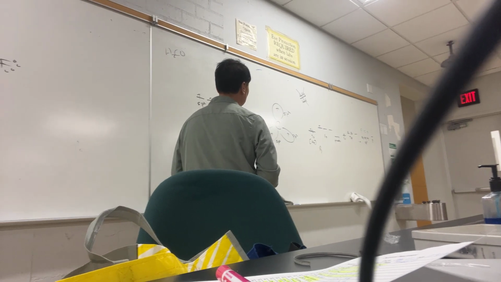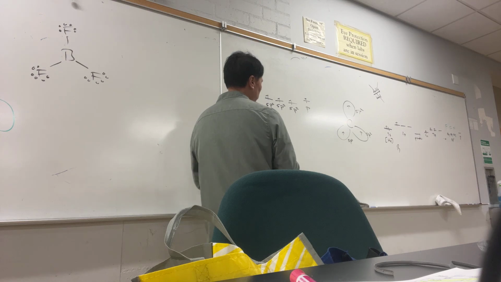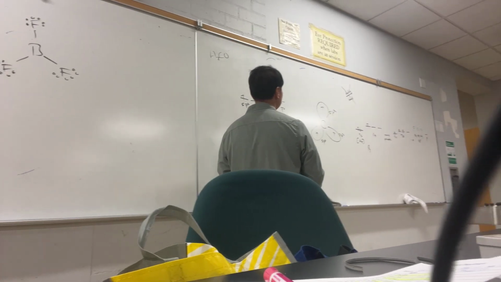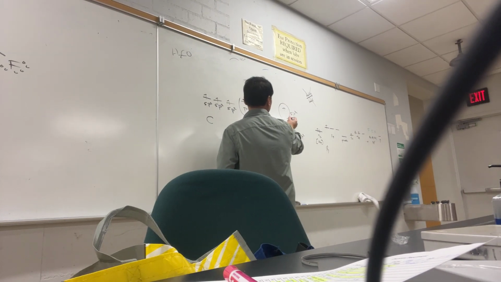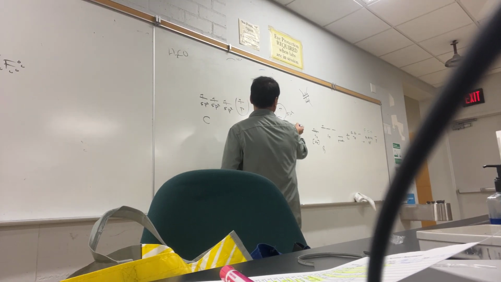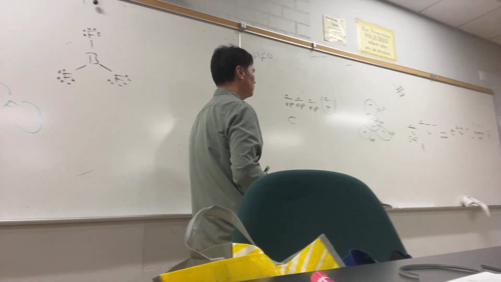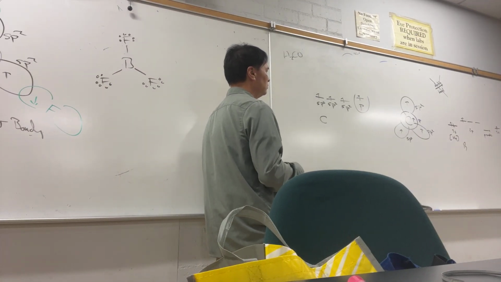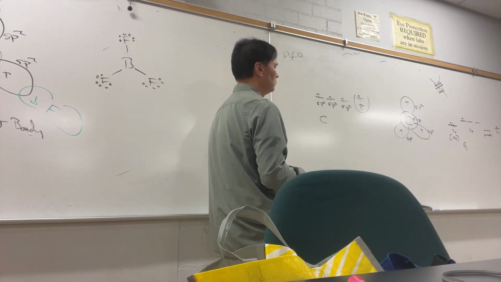Two hydrogens come in here and bond. So one hydrogen is going to have one s orbital, spin down. Another hydrogen here, one s, spin down.